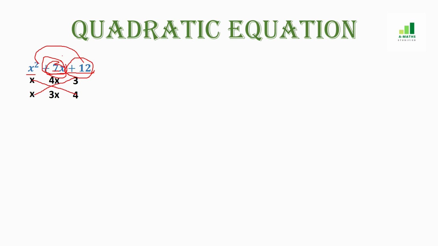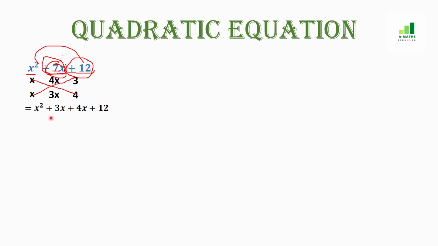So I can write this equation as x squared plus 3x plus 4x plus 12. This x squared remains the same, but this 7x is now plus 3x plus 4x. Now this 12 remains the same.